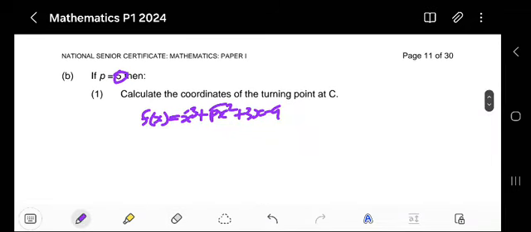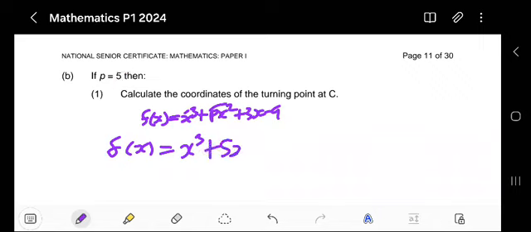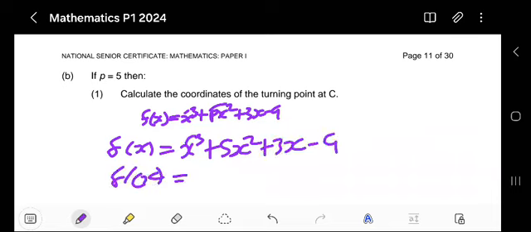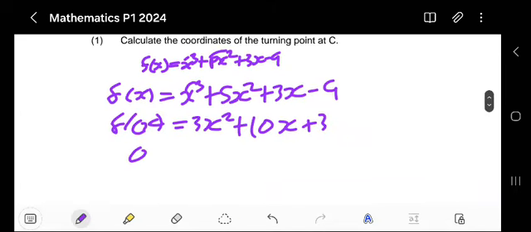Let me substitute that 5: we have x cubed plus 5x squared plus 3x minus 9. So that I won't make a silly mistake, I'll differentiate: 3x squared plus 10x plus 3, and definitely this is equal to 0.